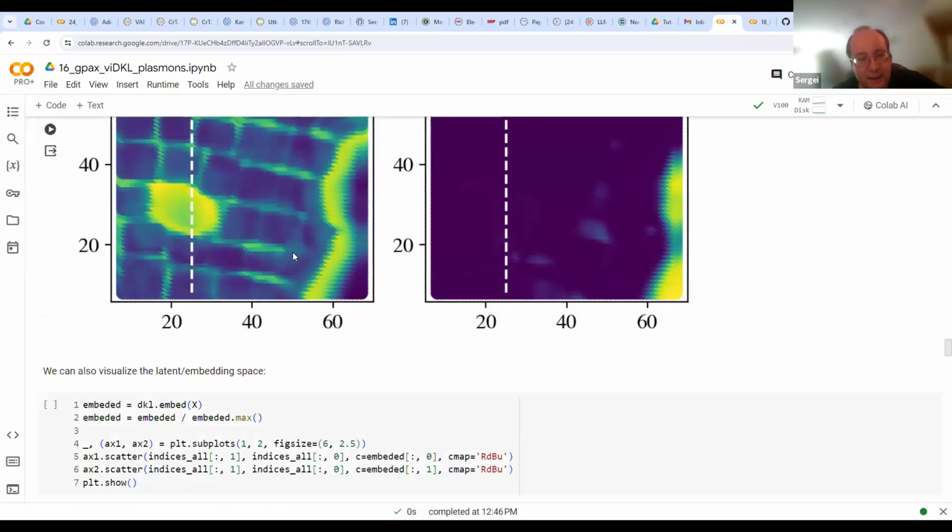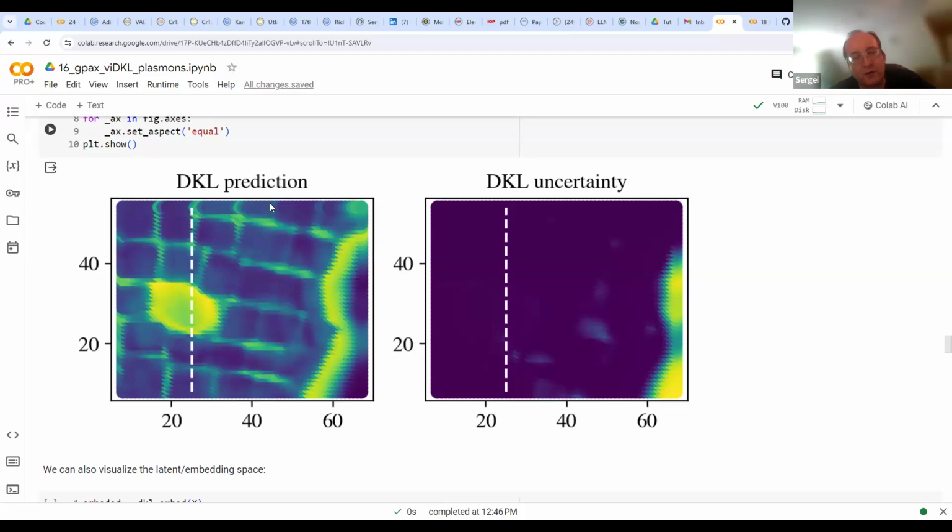See what happens if we run the deep kernel learning algorithm where we train the model based on this part and we make a prediction for everything else. First of all, notice that it made a prediction of the high scalarizer in the unseen part of this hole. That makes perfect sense, right? Because what's going on the left is similar to what goes on the right.